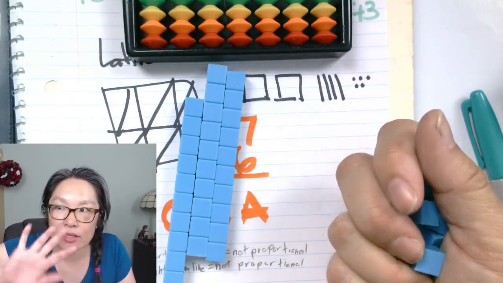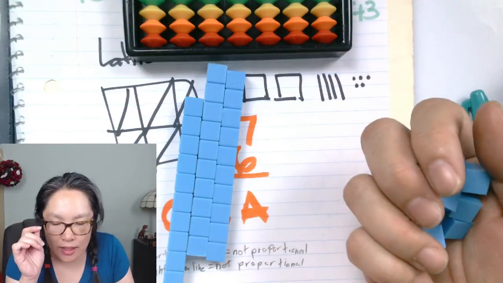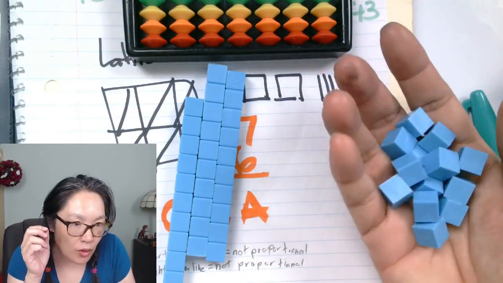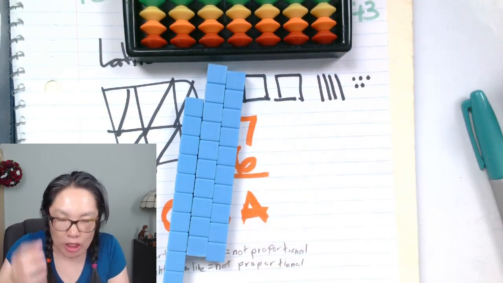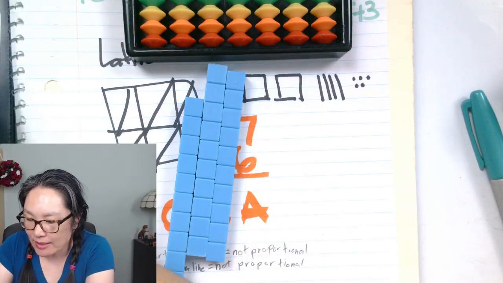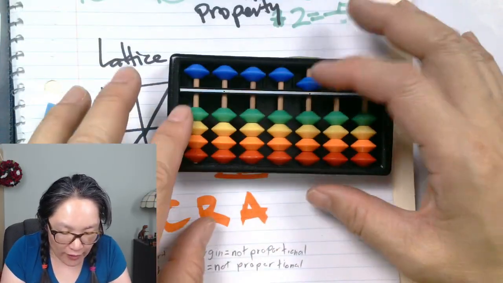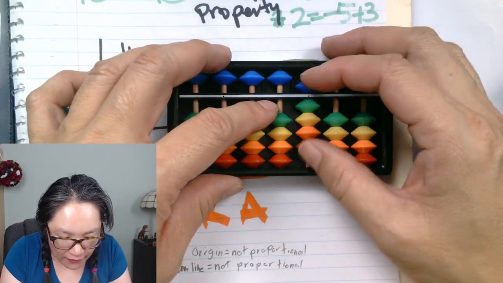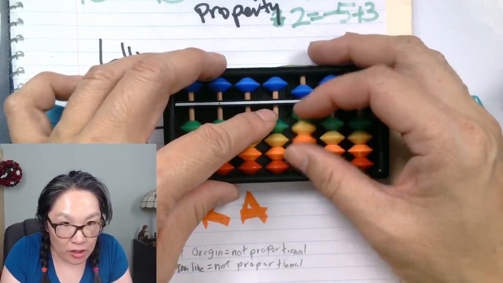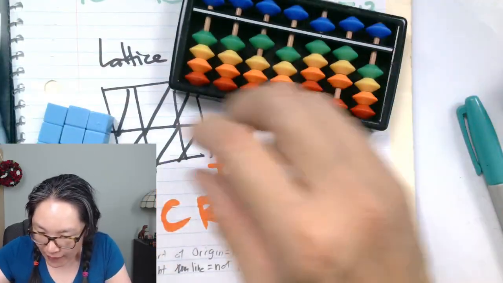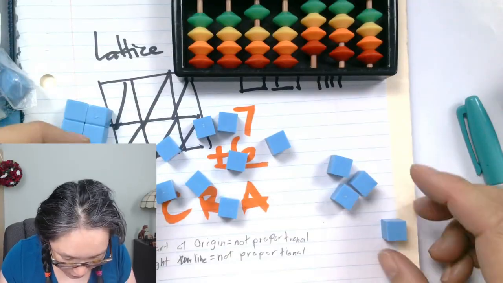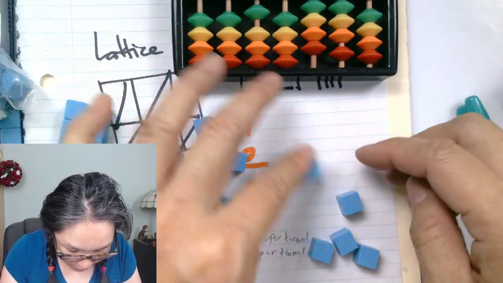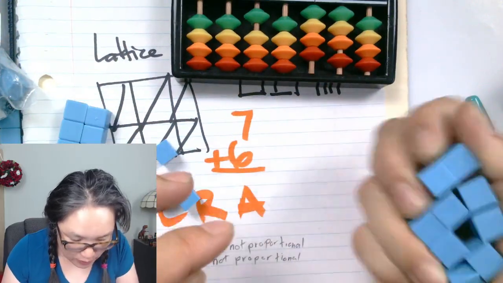They're making it really minuscule, whereas the abacus makes it into manageable chunks. They call it chunking in abacus. What does that mean? If you look, we have 5, we have 4. 5 and 4 is 9. That's a chunk. You know that this is a chunk. If I'm going to do 9 with these blocks, I don't know how to do a 9 chunk. 1, 2, 3, 4, 5, 6, 7, 8, 9. This would be my chunk.